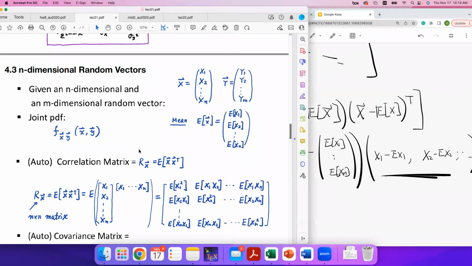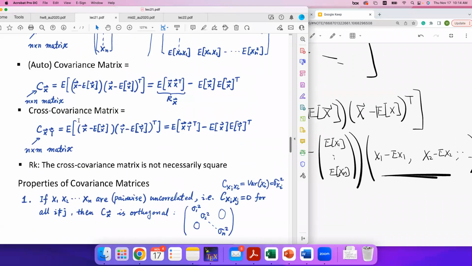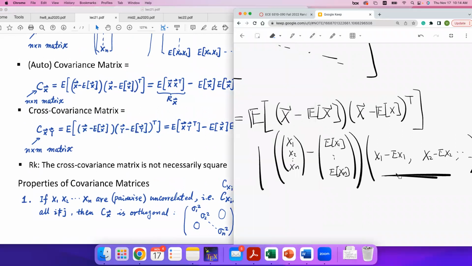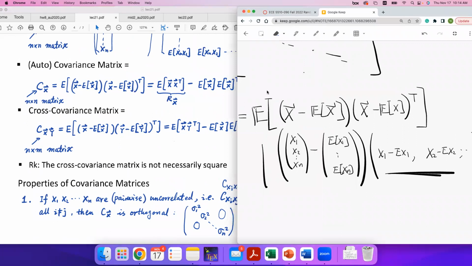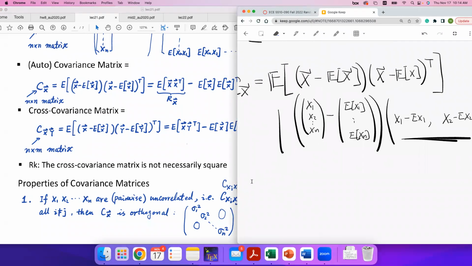So again, a column vector times a row vector, you get a matrix. But you don't have to expand it entry-wise. You can just follow all the matrix multiplication rules. For example, you can just expand it.